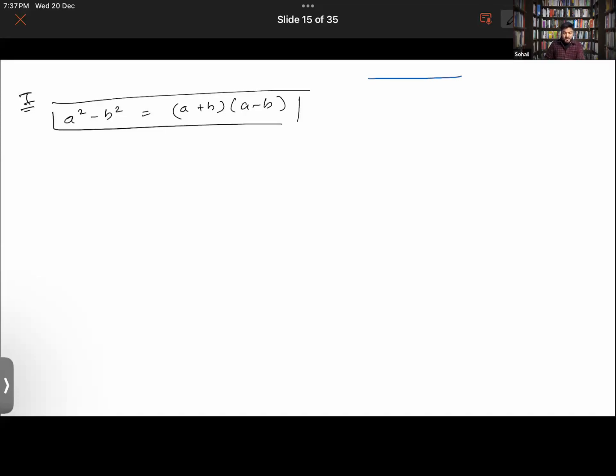So we will be factorizing it using this formula, a plus b into a minus b.